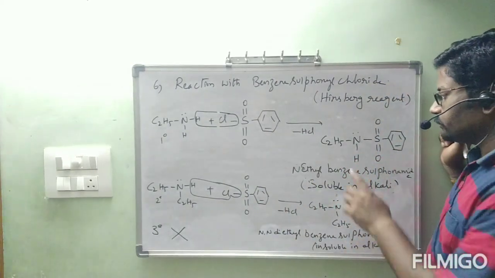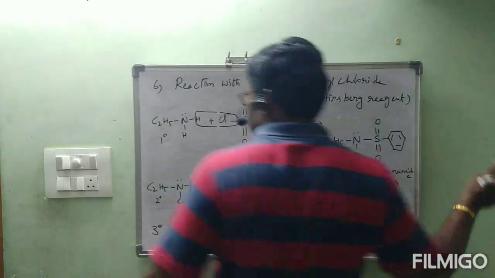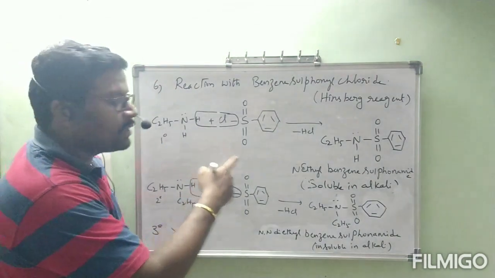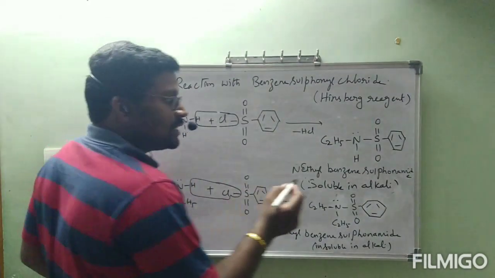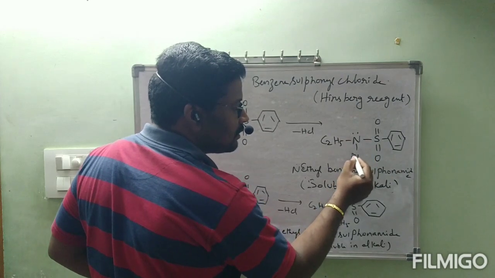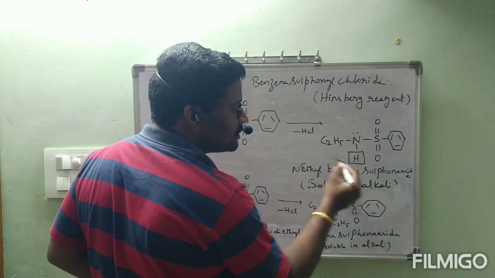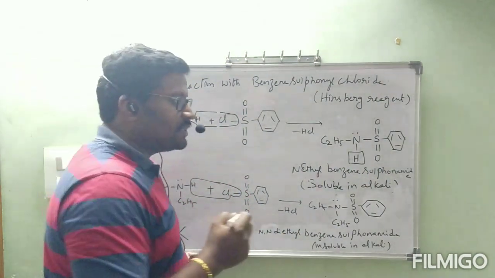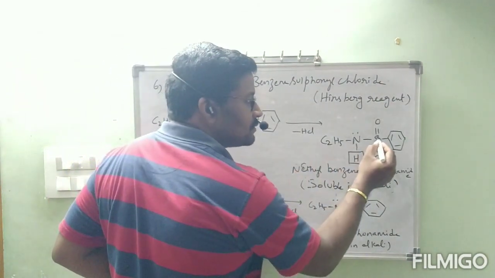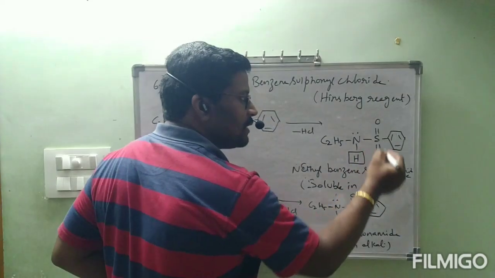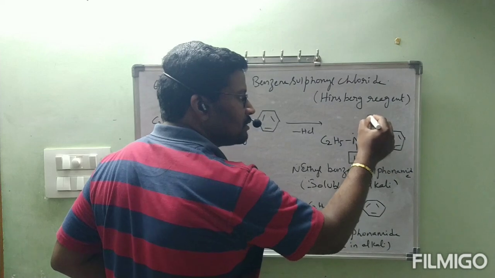See here, the primary amine compound. When primary amine reacts with benzene sulfonyl chloride, we get a compound in which the nitrogen contains hydrogen. This nitrogen is bonded to sulfur, and sulfur is bonded to highly electronegative oxygen atoms. These are electron withdrawing groups.